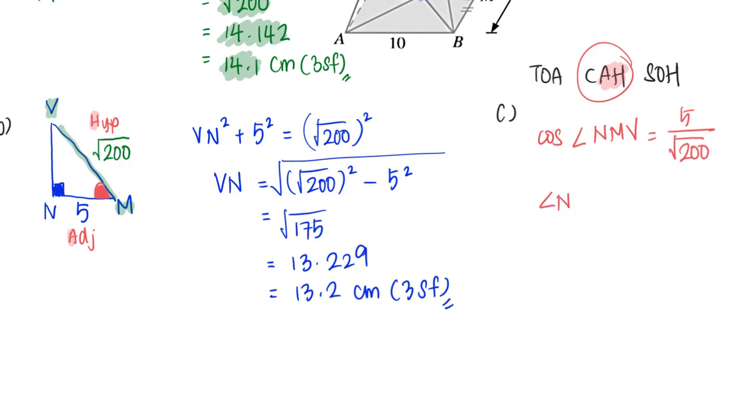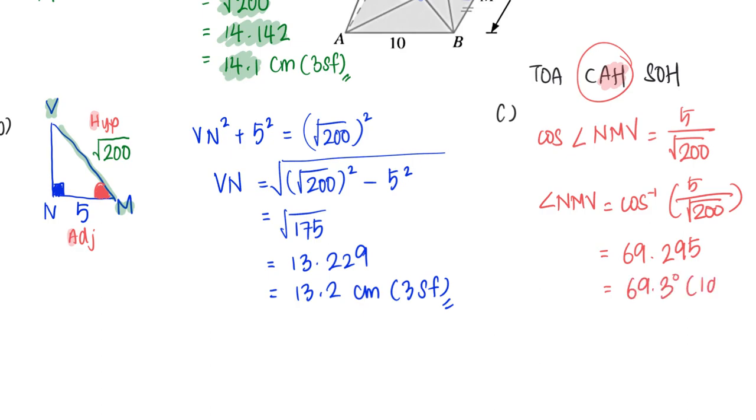So my angle NMV is equals to the cosine inverse of this fraction. This will give me a value of 69.295, about 5 significant figures, 69.3 degrees to 1 decimal place.